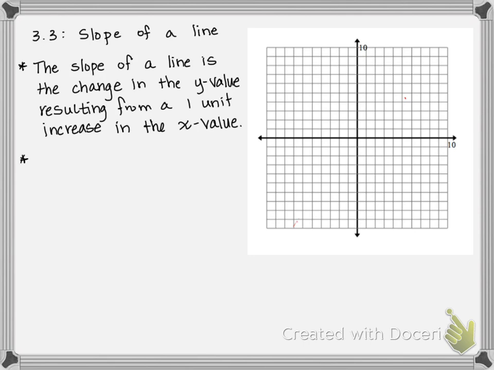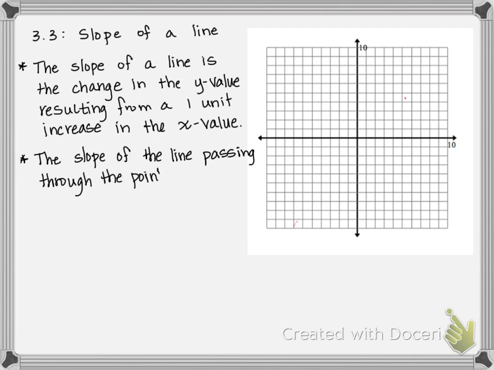And say the slope of the line passing through the points x1, y1 and x2, y2. And those are just subscripts.